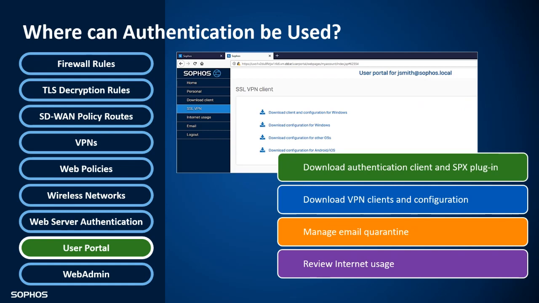By default, the user portal is only available to clients connecting from the LAN zone, but it can also be enabled for other zones. Please note that the port for the user portal can be changed in System, then Administration, and then Admin settings.